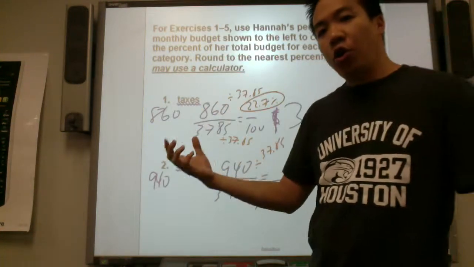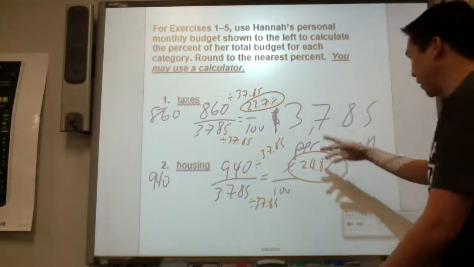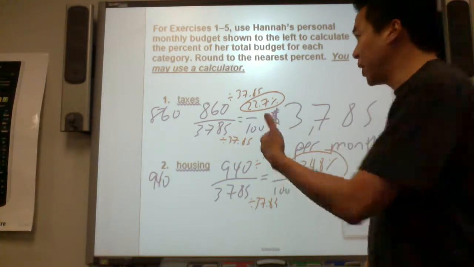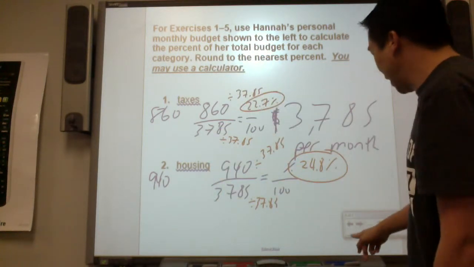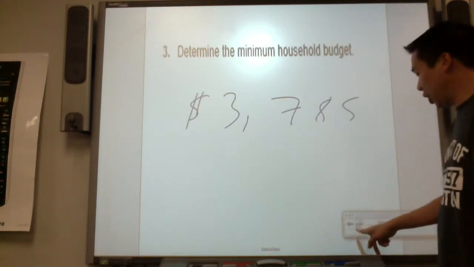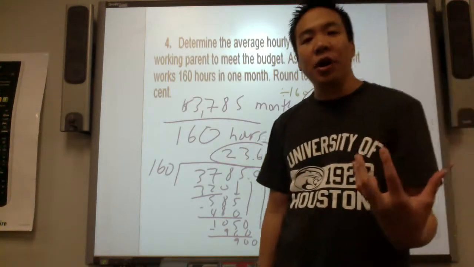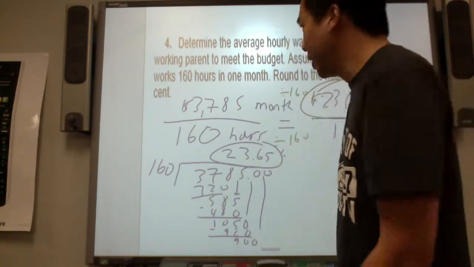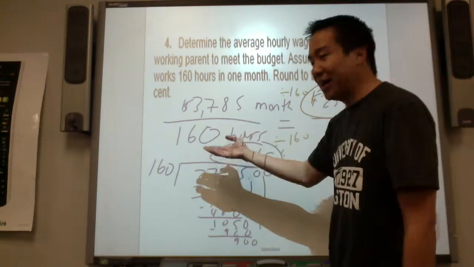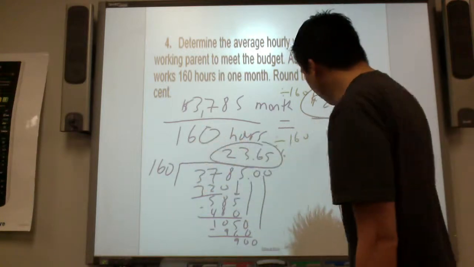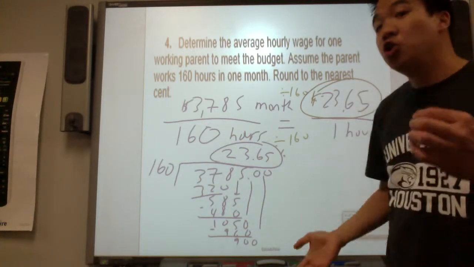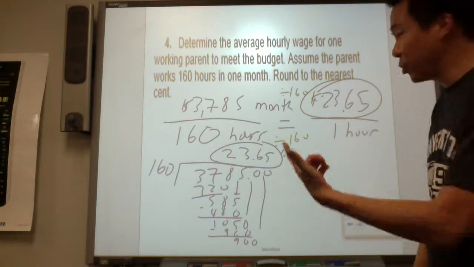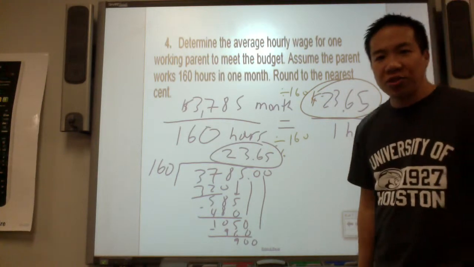Remember parts to whole, percent per 100, and then you're able to find the exact percent of your budget that you spend on certain categories. And then from that, you're able to figure out how much money you need to make per hour to live comfortably by breaking it down from a certain number of hours to 1 hour. So you're finding the unit rate, or unit price actually, because this is about price, $23.65 per hour.